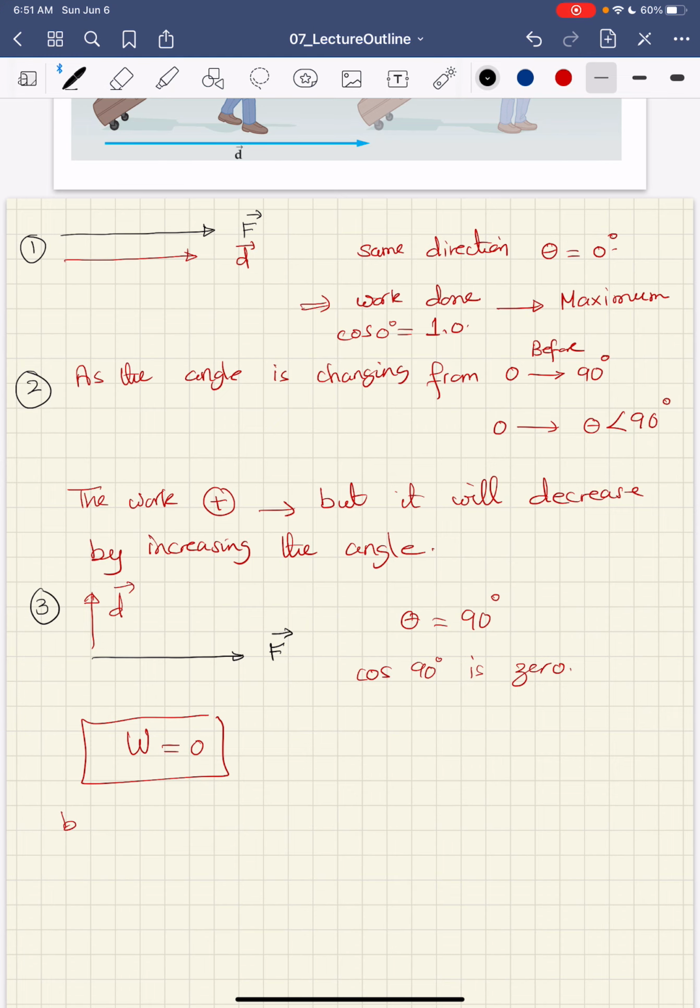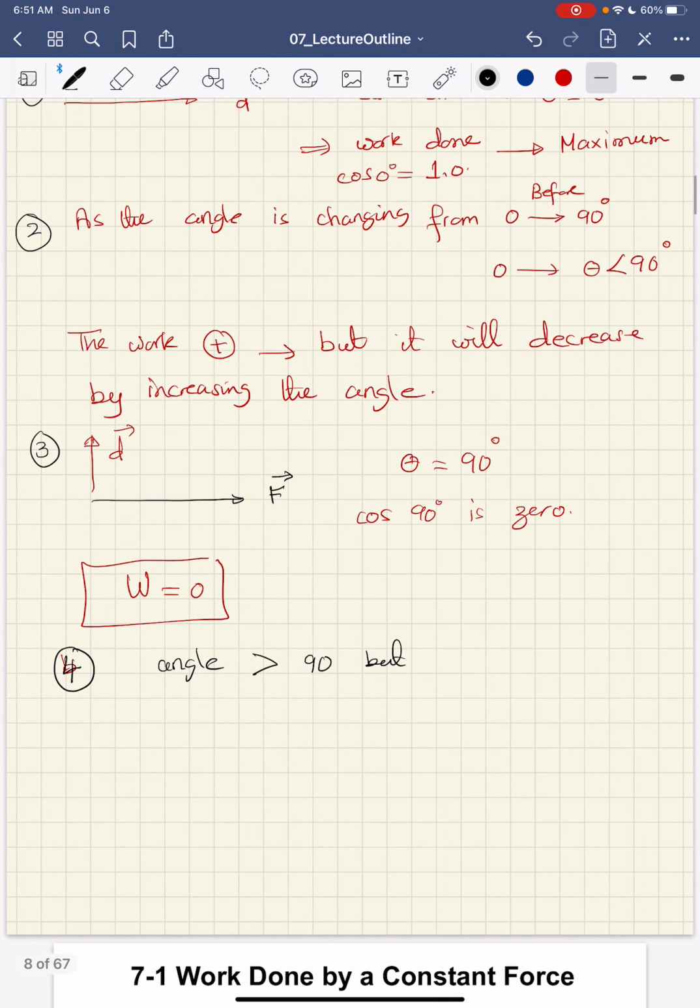Number 4 here is the angle greater than 90, going up to, let's say, the maximum of 180 here.